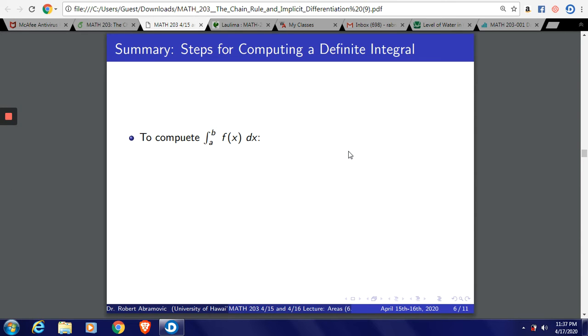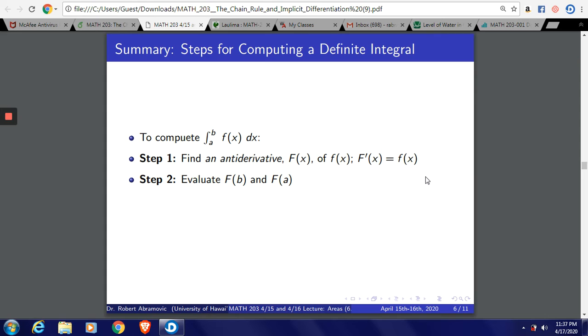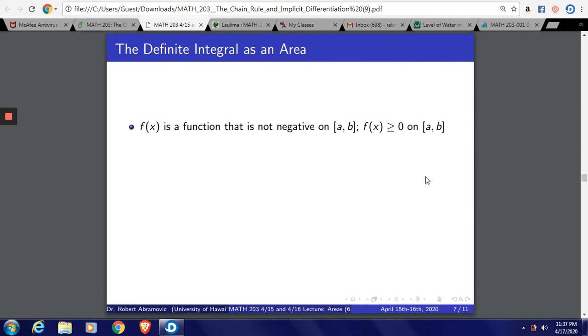To compute the integral from a to b of f of x dx, we follow these steps. First, find any antiderivative of the integrand. Next, evaluate the antiderivative at the upper bound and at the lower bound. Step 3, compute the difference.